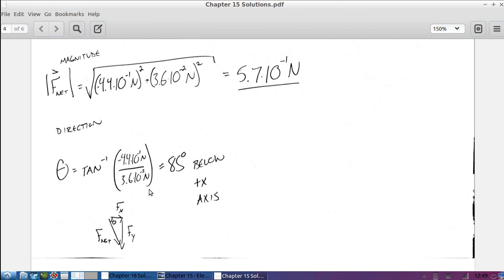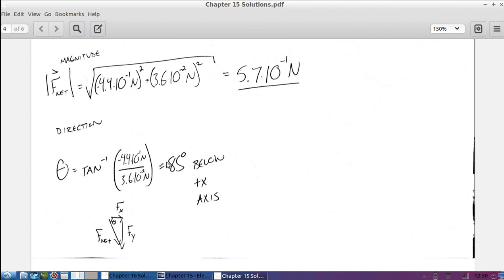What I do is I always draw a picture of the vector because I want to describe the direction. I don't just want to throw an angle there and leave it up to somebody else to interpret what that means. So I get 85 degrees, but I get a negative sign. What this means is your calculator doesn't know whether you're dealing with a fourth quadrant vector, negative y positive x, or a second quadrant vector, positive y negative x. It just knows that this number is negative.